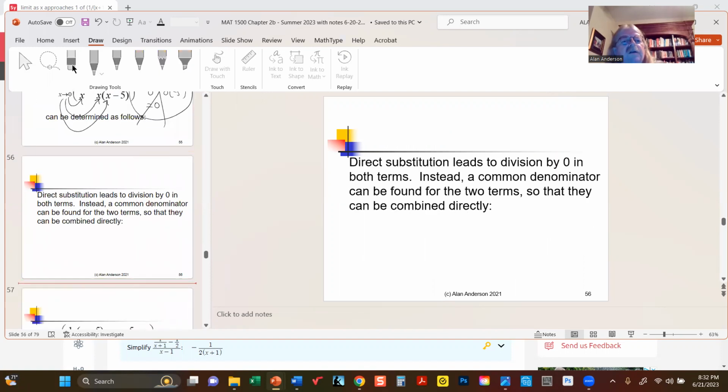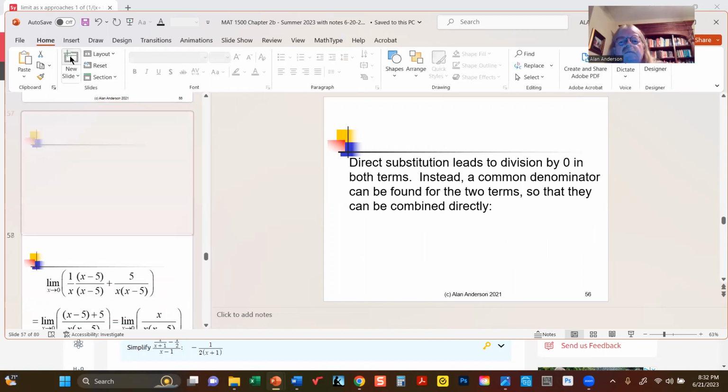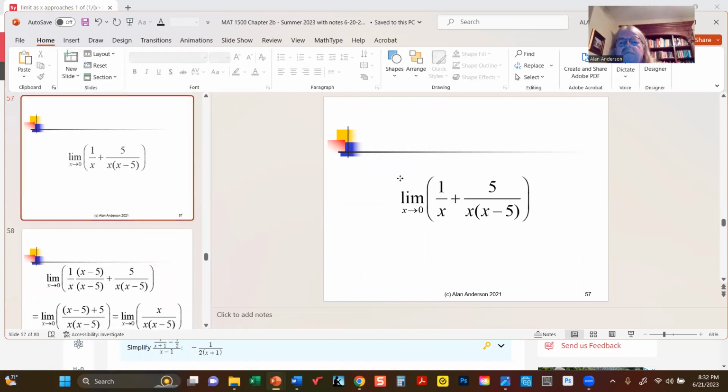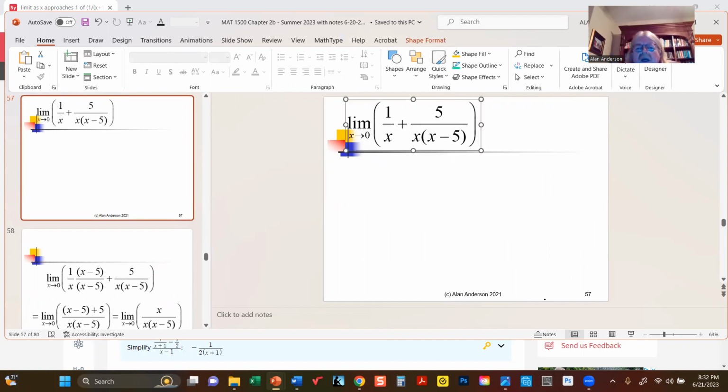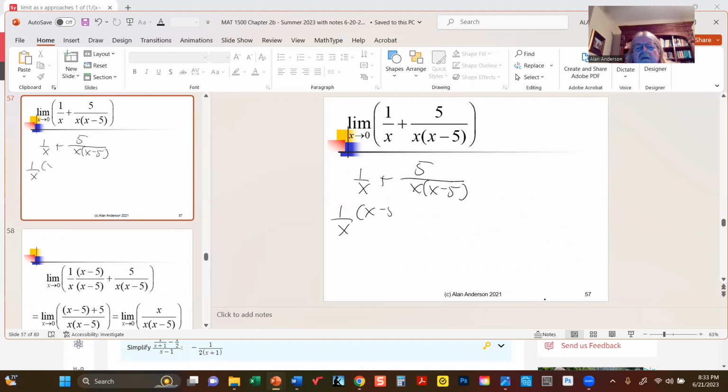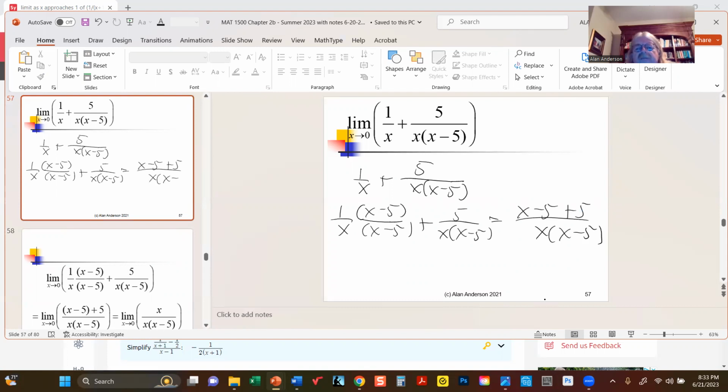Now, of course, we're going to need a common denominator. One over x plus 5 over x times x minus 5. Let's try multiplying this by x minus 5. So we'll have x minus 5 plus 5 over x minus 5.